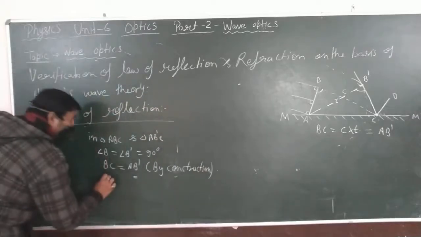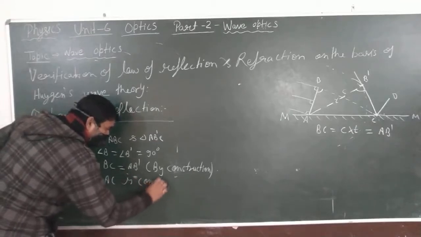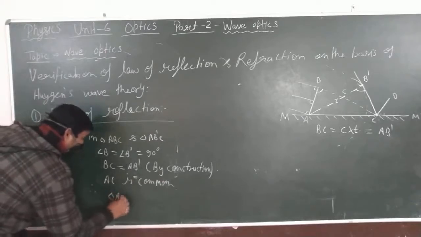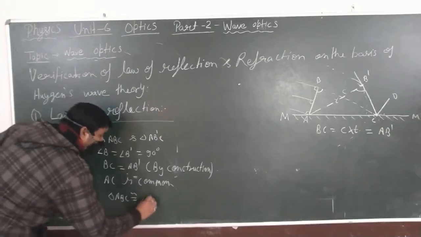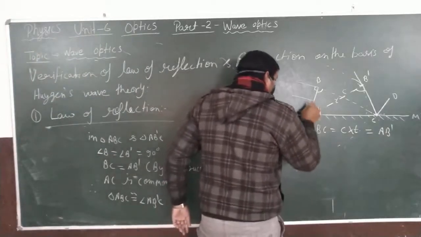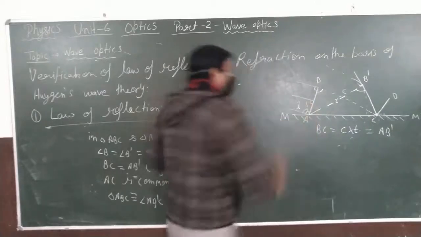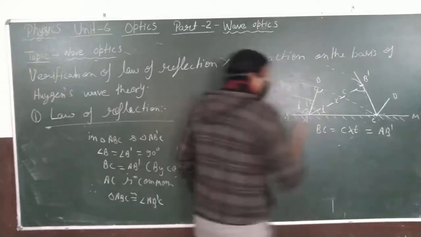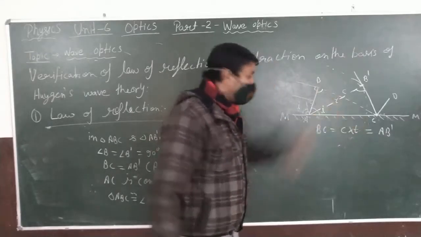And next, AC is formed. Therefore, triangle ABC is congruent to triangle AB'C. Now, this is the normal and this is the angle of incidence of the primary wavefront, and this angle is equal to angle ABC by construction.